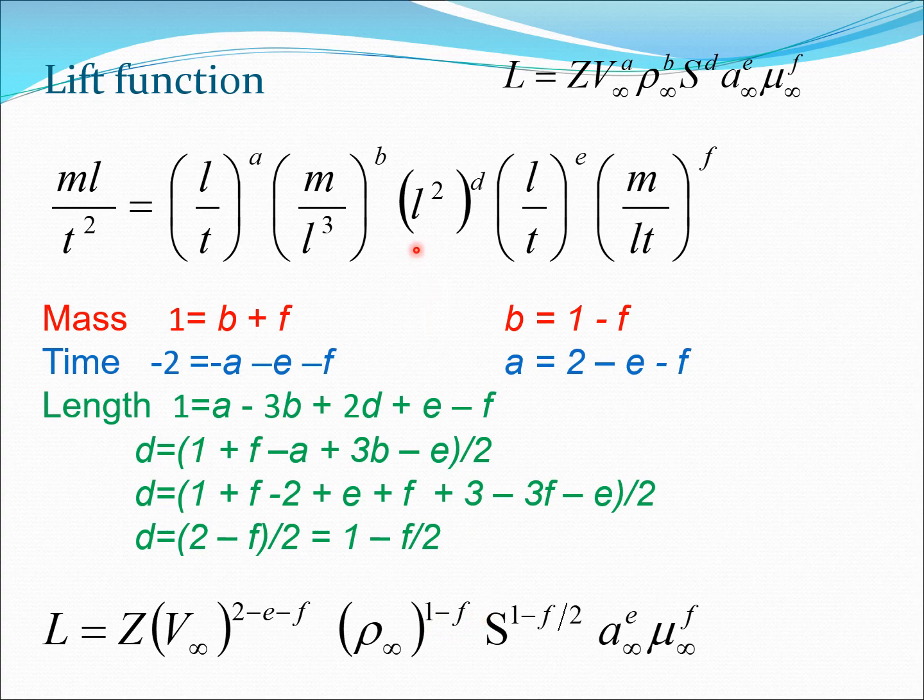We had S to the power D, so I have S to the power (1 minus F) by 2, because D is (1 minus F) by 2, and then I had the speed of sound to the power E, and I had the viscosity to the power F. So this is now my new functional relationship of F, and so I have managed to remove some of the indices here.